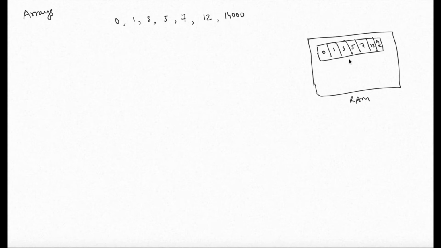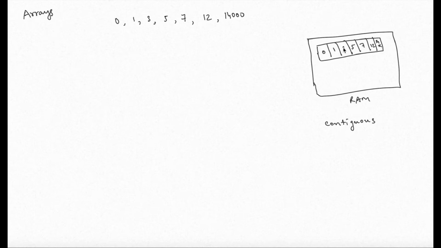Now this memory is contiguous, which means that there are no gaps between the memory addresses of one element and the previous one. The memory location where 0 would be stored, the very next memory location 1 would be stored.